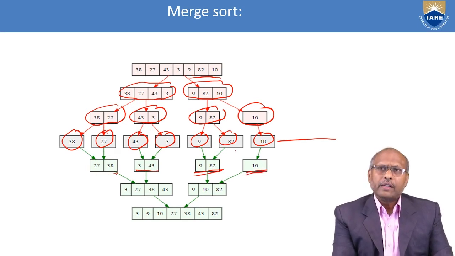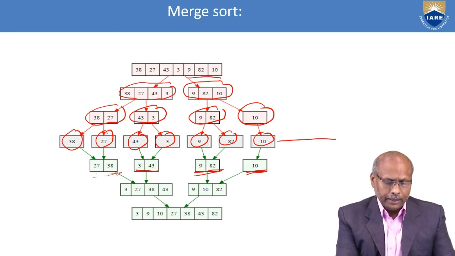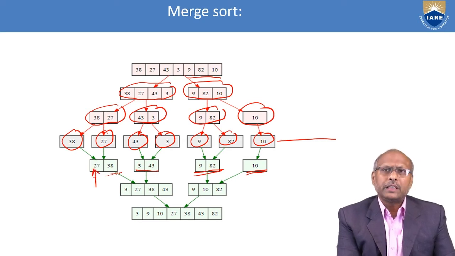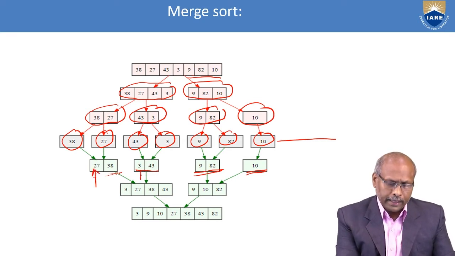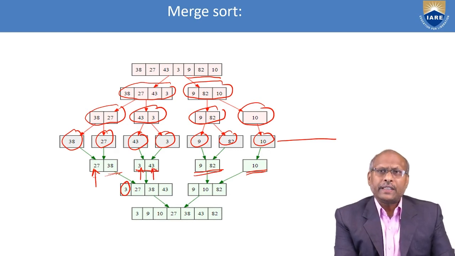Now observe here 27 and 38, and here 3 and 43. These two will merge. While merging, it will merge in order. First it will take the first element of the first half and the first element of the second half. Among these two, whichever is smaller will come first. So 3 comes first. Then the control comes here and checks 27 with 43.